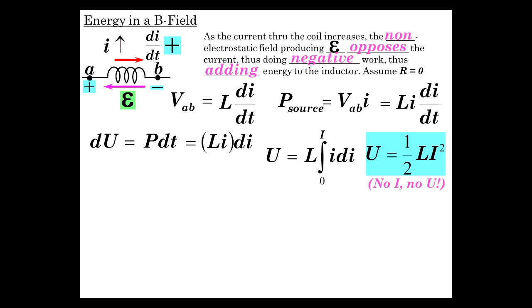No I, no U. So this is very satisfying in the sense that we see this form of 1/2 mv squared, 1/2 kx squared, all those things keep showing up again and again.